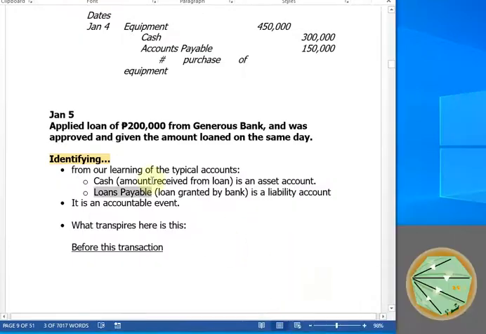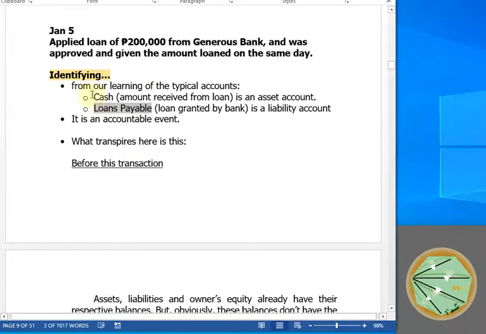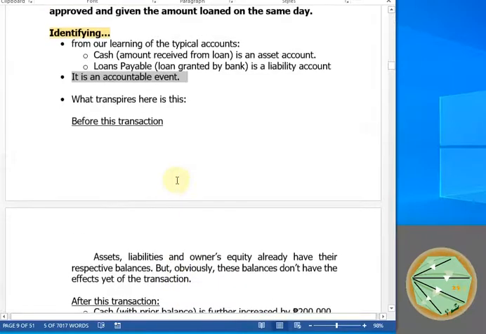So we continue. From identifying, we were able to determine that the two accounts affected are 1, cash, which is an asset account, and 2, loans payable, which is a liability account. Therefore, since this transaction has an effect on the elements, assets and liabilities, we will be able to conclude that this event is an accountable event. So now we go to our further analysis.